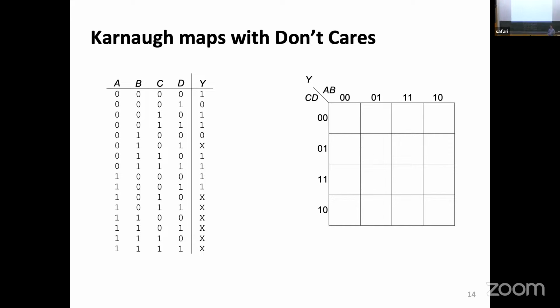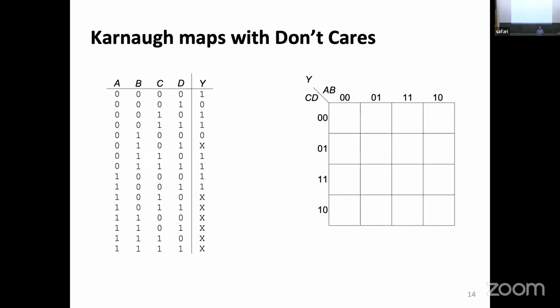Now, X, we will talk about it, means I don't care. It can be a 0, it can be a 1. Do whatever you want. For the functionality, this probably is never a case that's going to happen, so I don't care if your circuit generates a 0 or a 1.